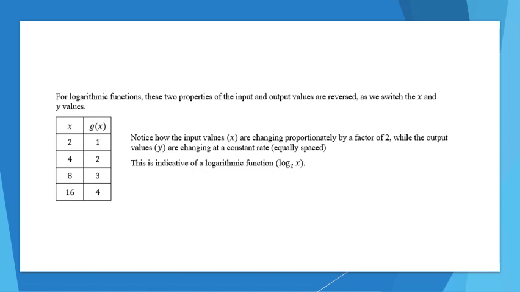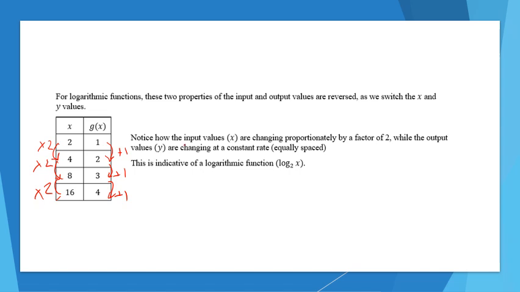Now, for logarithmic functions, the x and y values are flipped. So now our input values change proportionately. If we take a look here, to go from 1 to the next you're multiplying by 2, times 2, while our output values are now equally spaced, plus 1, plus 1, plus 1.